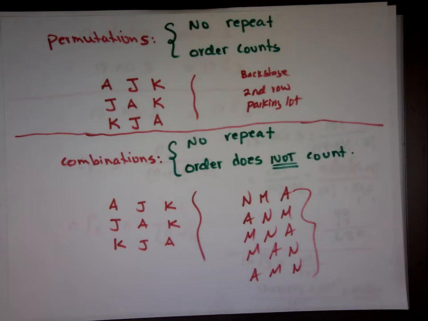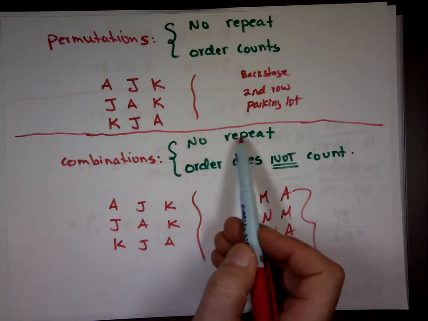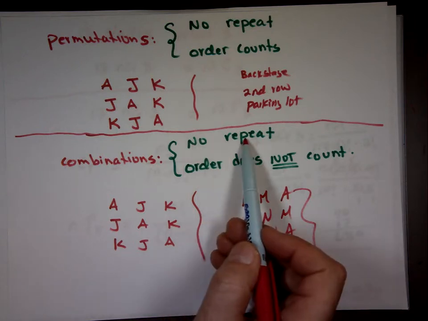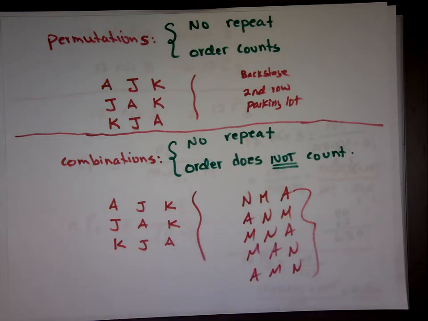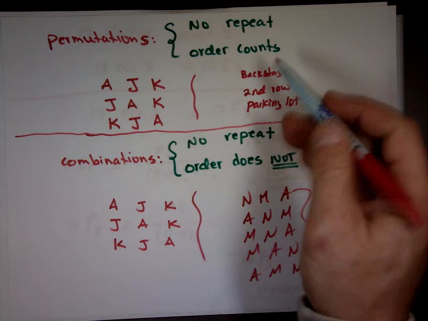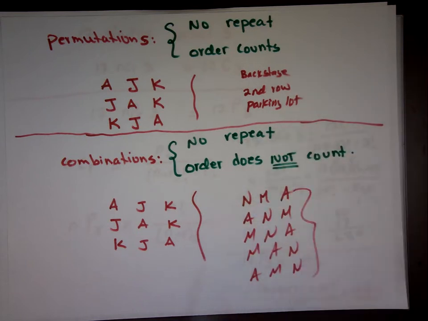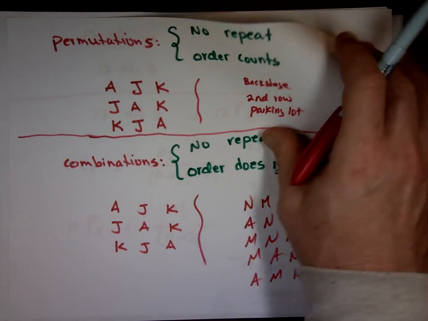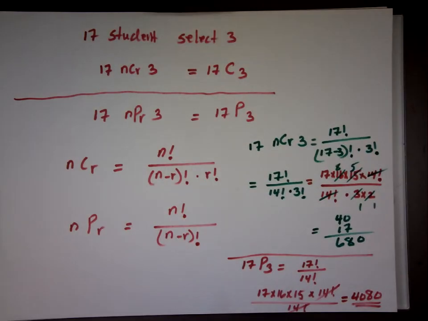What does that imply? No repeat. Because when you replace something, you could pick that person again. You can't use these methods if there's a repeat. So if you look at the notes, they'll say we select R of the N items without replacement to let you know there was no repeat there.